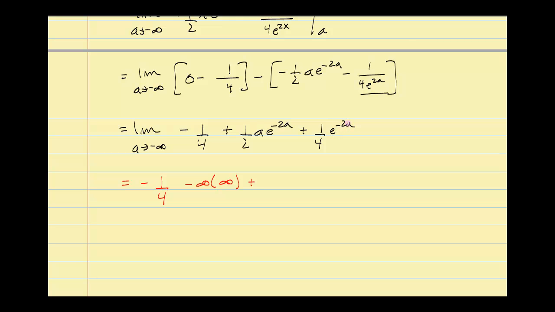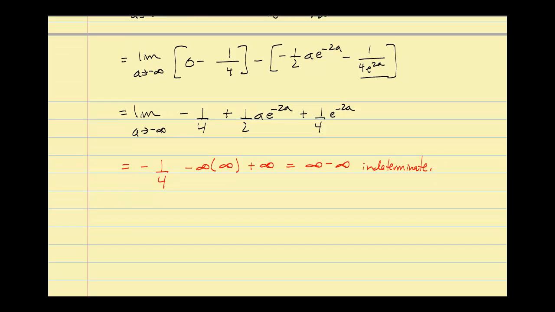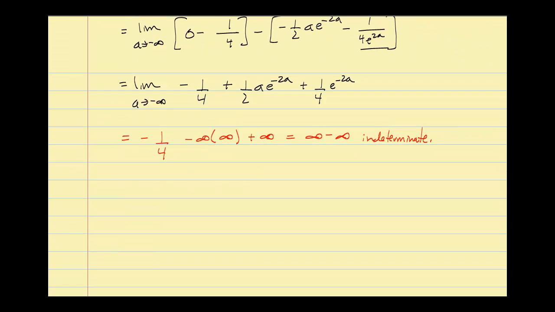E to the infinity is infinity, so I'll be left with an infinity here. And the question is what is this? So it looks like I have infinity here minus some other degree of infinity here. So this looks like infinity minus infinity, which is indeterminate, if you recall from when we learned about L'Hopital's rule. Now it's not indeterminate in the L'Hopital's sense, it means we need to rewrite and do a little more work here.